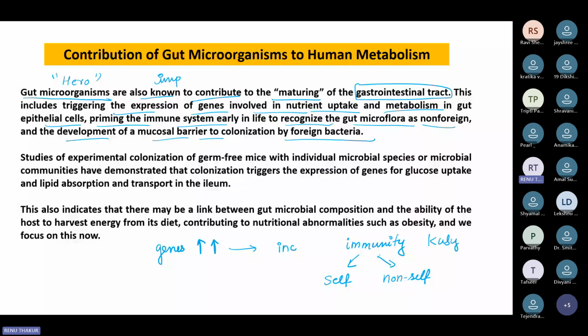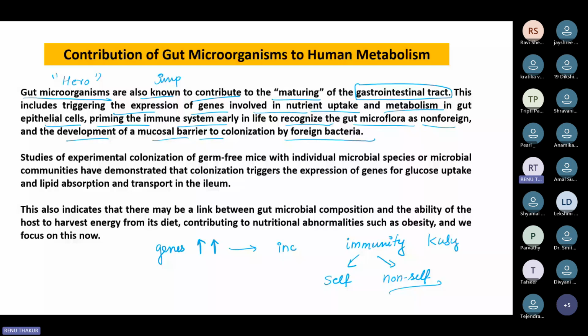They can differentiate what is ours and what is not ours. So on the basis of that, our immune power works. So if these microorganisms are considered as non-self, our immunity will be triggered and will start degrading them.